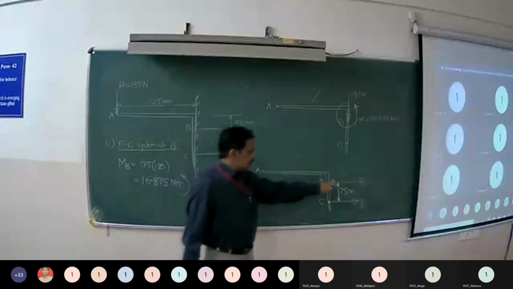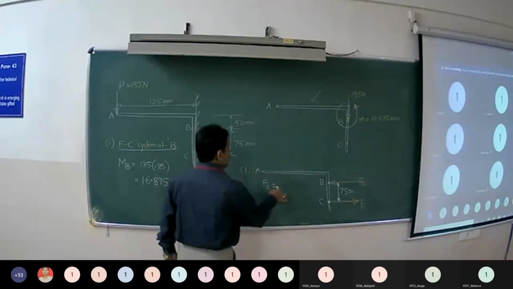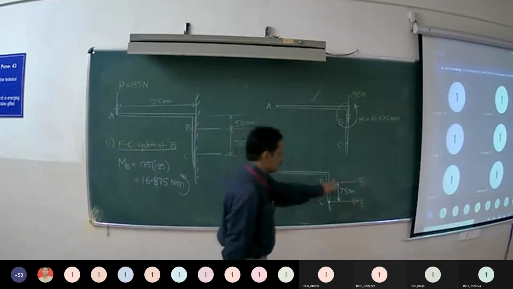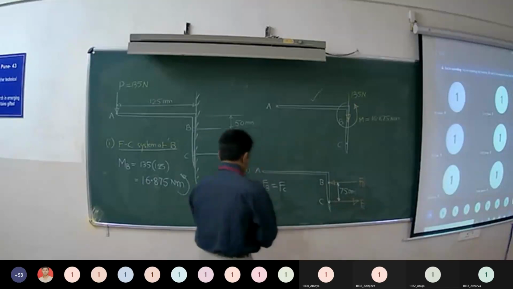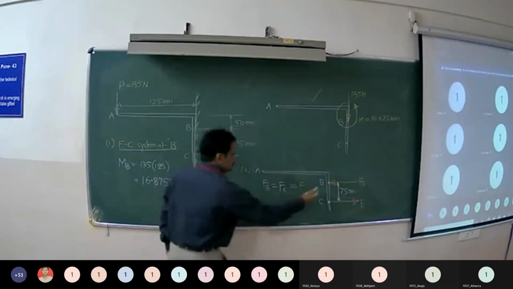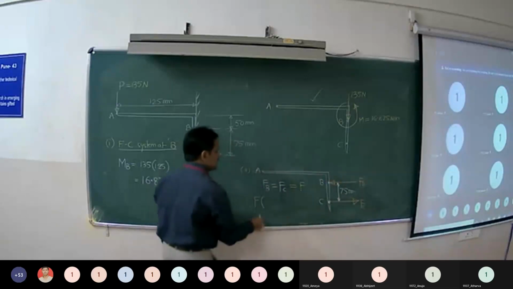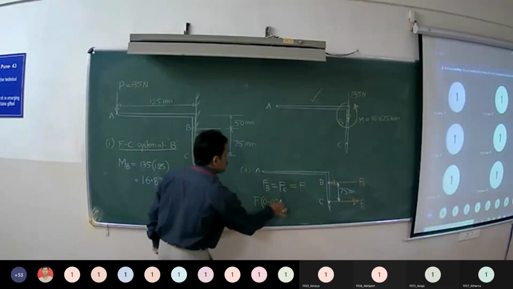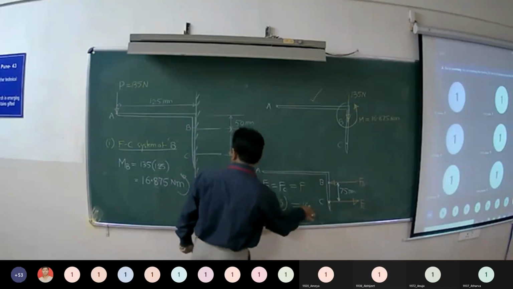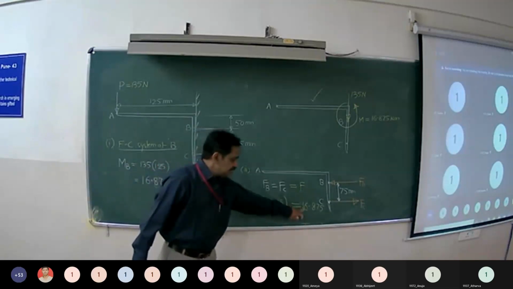So we can say that two equal and opposite parallel forces are said to form a couple. That means here FB is equal to FC, then only these two forces will form a couple. Let it be F. Now what is the moment of this couple? Here it is anti-clockwise. F into perpendicular distance between them, 75 millimeters, 0.075 meters, is equal to 16.875, equivalent to the couple obtained in part 1.